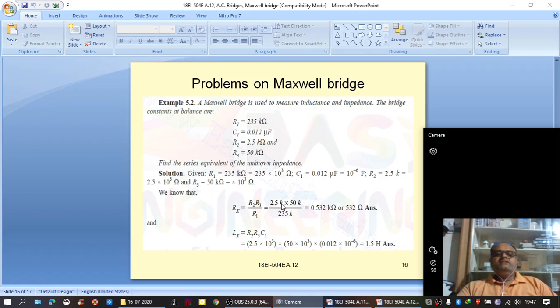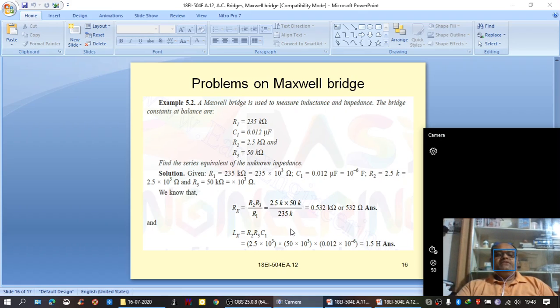In the numerator it is 10 power 6 and in the denominator it is 10 power 3. So put together it would be 10 power 3 in the numerator, and the value is 2.5 into 50 by 235. If you calculate, it comes around 0.532 kilo ohms, or in other words 532 ohms.